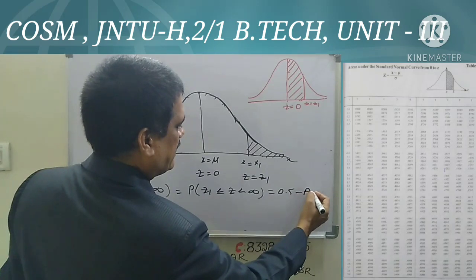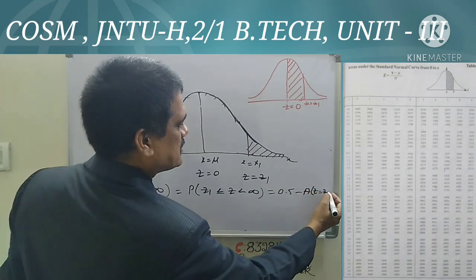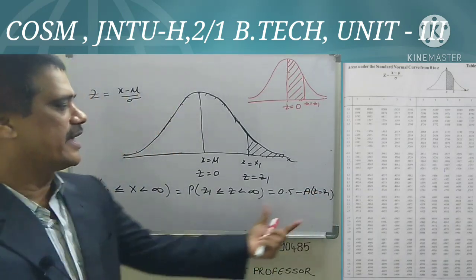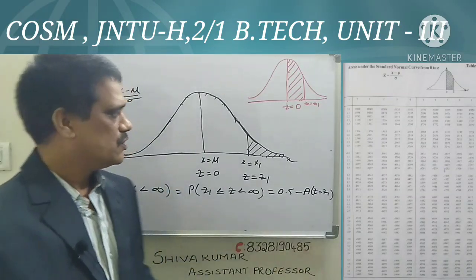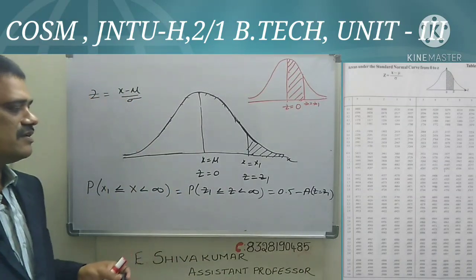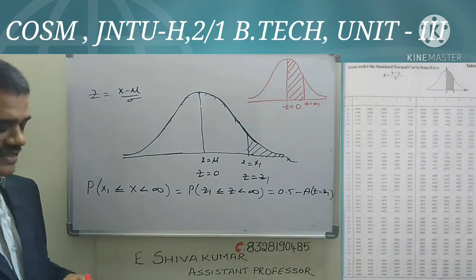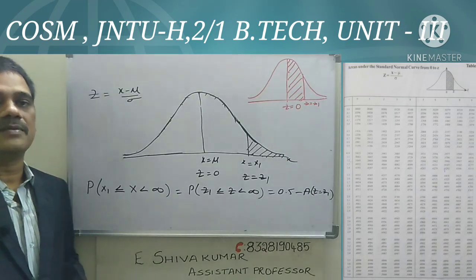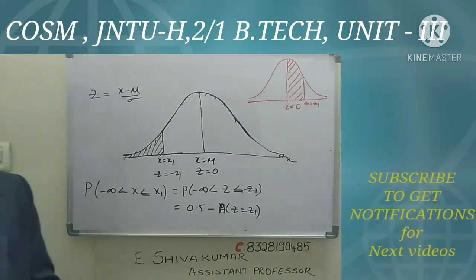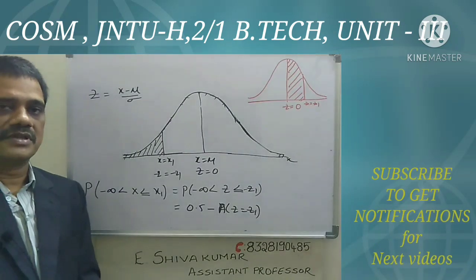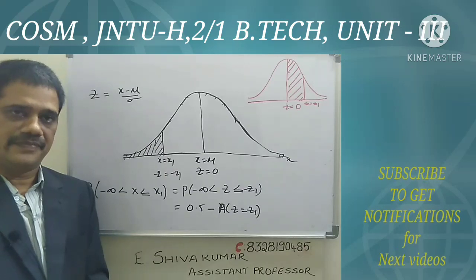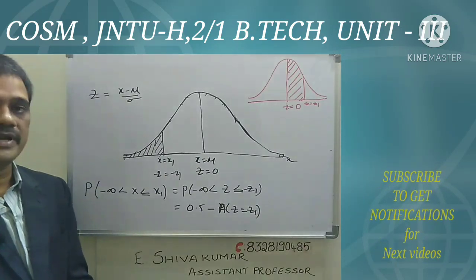From the table you can calculate this. So if you have understood this, we can easily solve the problems and understand how to check the table values. With this, the topic of areas under the normal curves is completed. Okay, I hope it is clear to you.